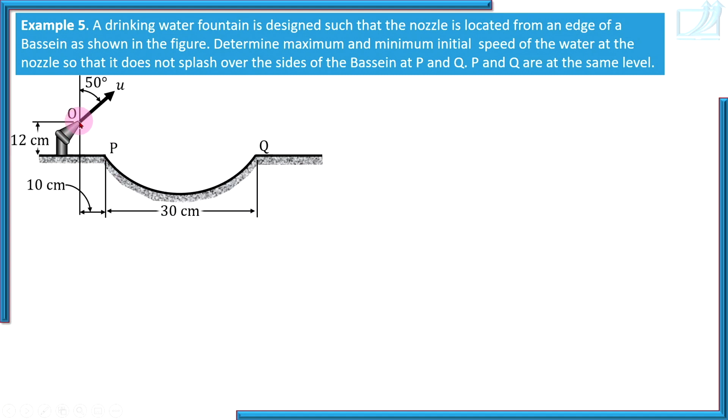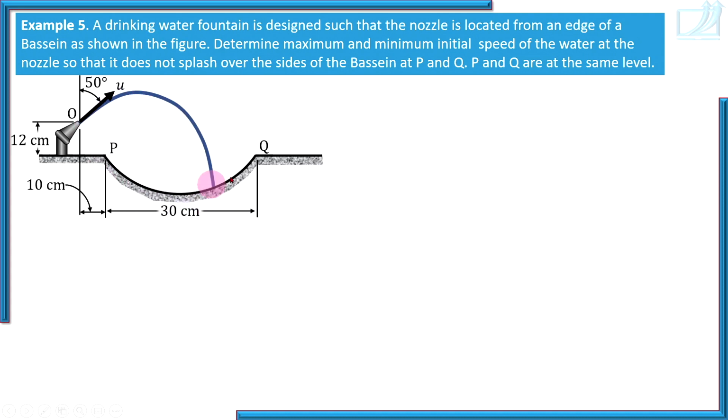Now listen, when water gets ejected from the nozzle at that instant, that is the initial speed U to be found out. So V0 is U here, it is unknown. And what is theta 0? It is the angle made by initial velocity with the horizontal. So theta 0 is not 50 degrees, but it is the angle with the horizontal, meaning 90 minus 50. So in this case theta 0 is 40 degrees.